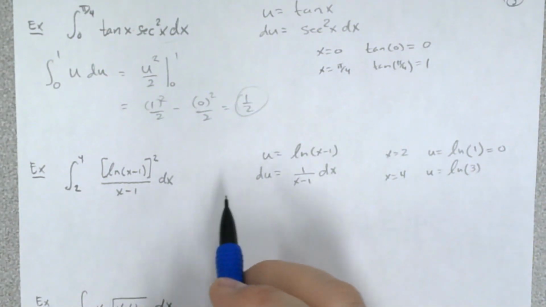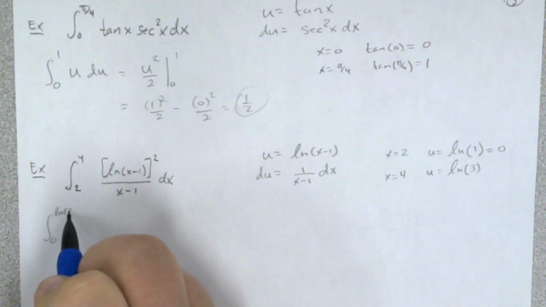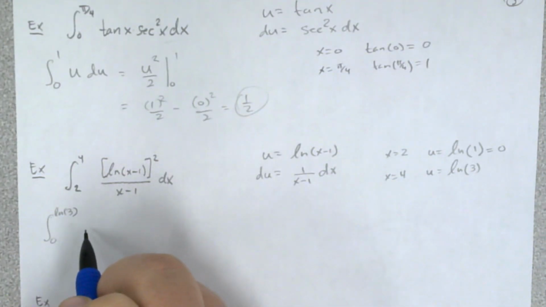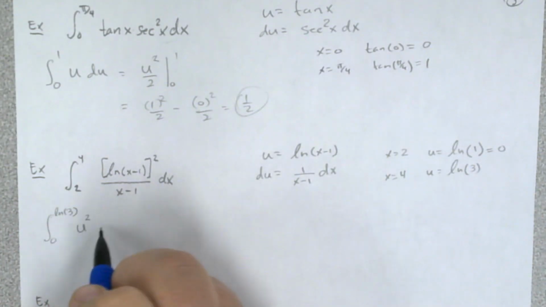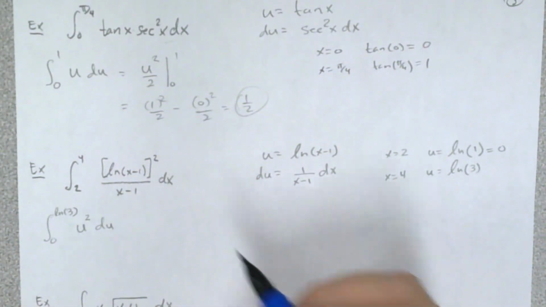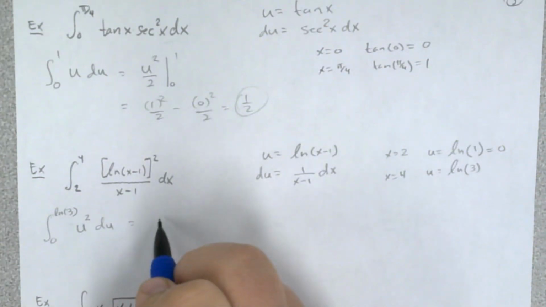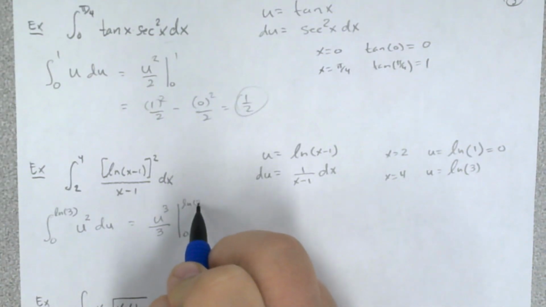And so we plug everything in, just like we've been doing. 0 to the natural log of 3, and u becomes u squared, and then du. And then we're going to raise the power by 1, divide by the raised exponent, and evaluate from 0 to the natural log of 3.